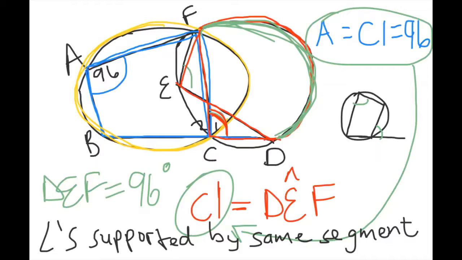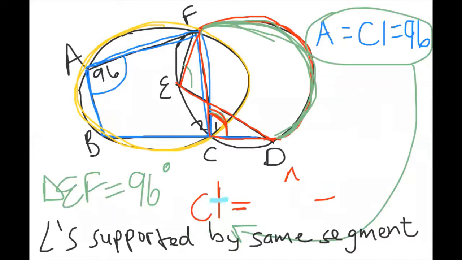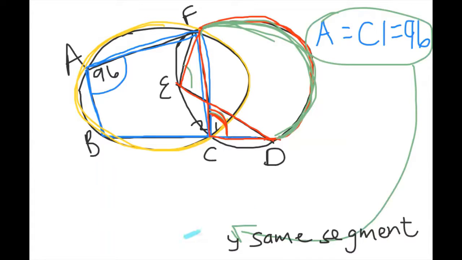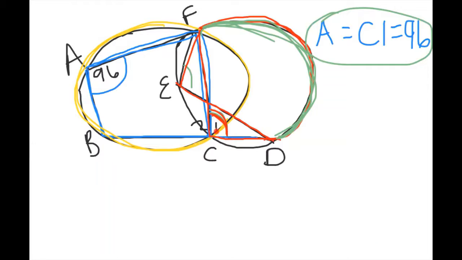Let me explain something different also. I'm just going to wipe this out a bit. If you need this information, you can just rewind the video. I'm going to show another way to get to C1. We said here on top, C1 equals A equals 96. But you could also have taken a longer way and said C2 plus A equals 180.